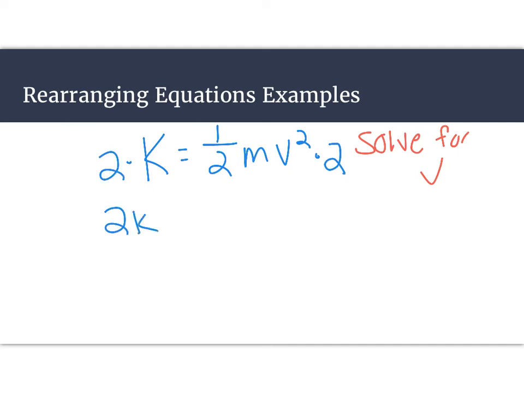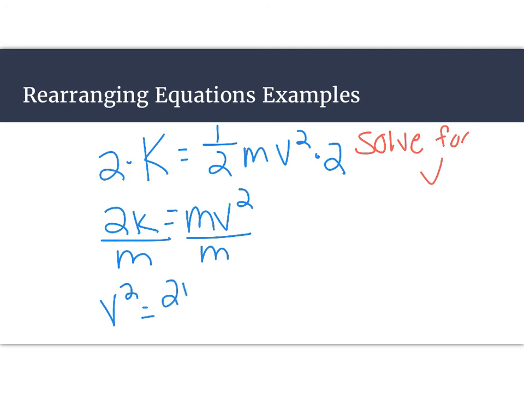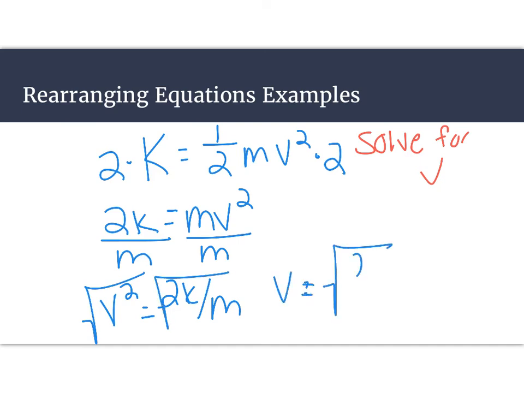So I get 2K equals mv squared. I want to get v by itself, so I'm going to divide by m. I get v squared equals 2K over m. And how do I get rid of the square? I take a square root. So I get v equals the square root of 2K over m.